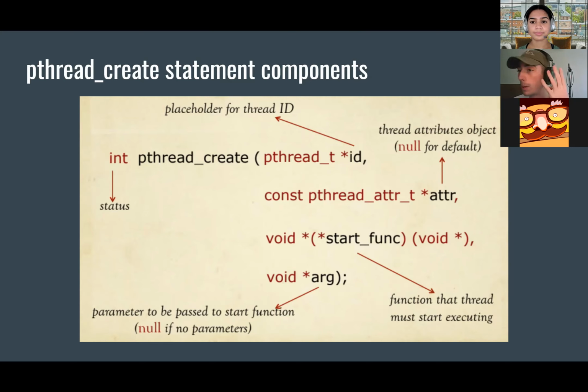So let's go over the 4 arguments that are passed into pthread_create. The first one is going to be a pthread_t argument. We create a variable of the type pthread_t, and this is defined in the pthread.h header file. All this does is keep track of where a pthread is.